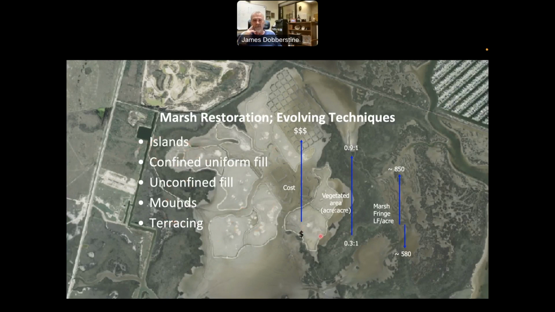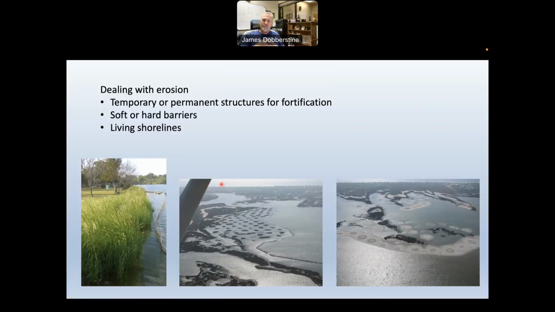As the cost goes up, the vegetated area goes up, and the fringing marsh goes up, because these tend to replicate natural marshes more closely than these do, right? And so if nature is your objective, then these tend to be a closer replication of that when you're restoring that habitat.